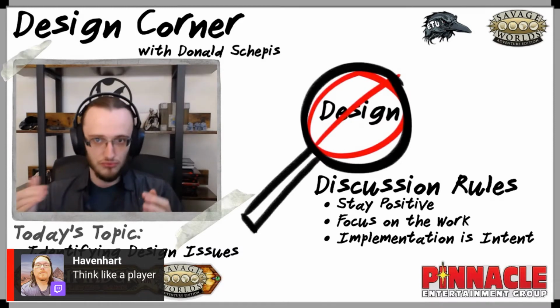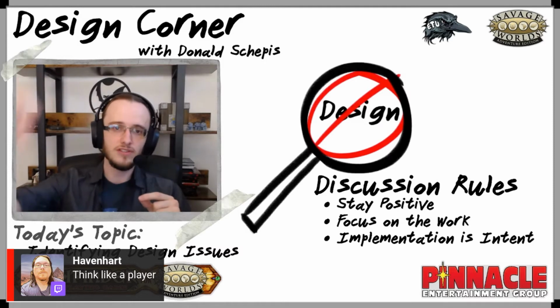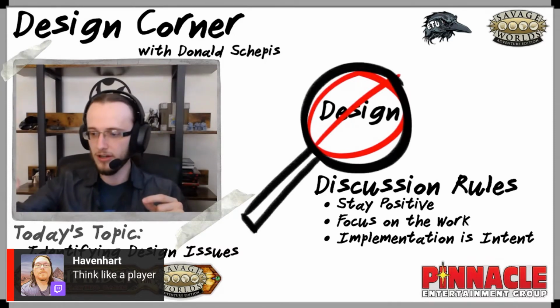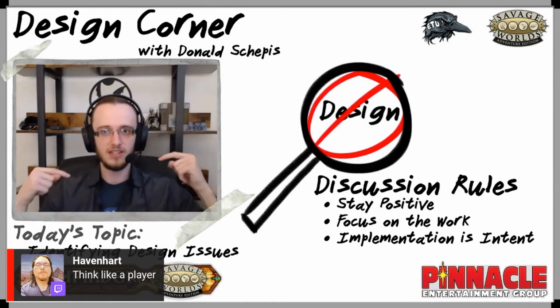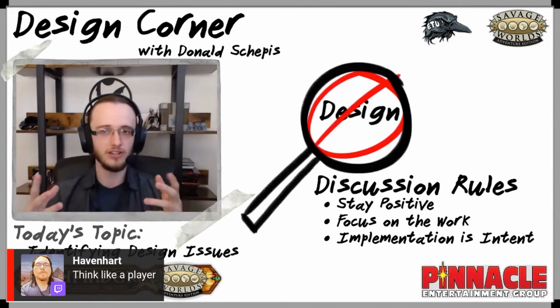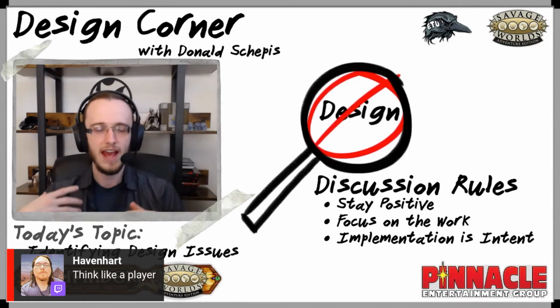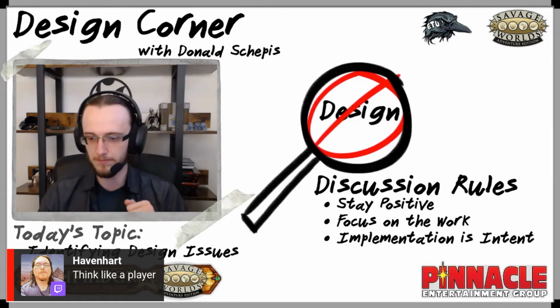And that is really the job of a game designer on a project: to put themselves in the shoes of the player, and then to experience the design as that player would, and to understand how they're going to react to it, how they're going to perceive it, how they're going to use it, how they're going to play with it, what their experience is going to be.